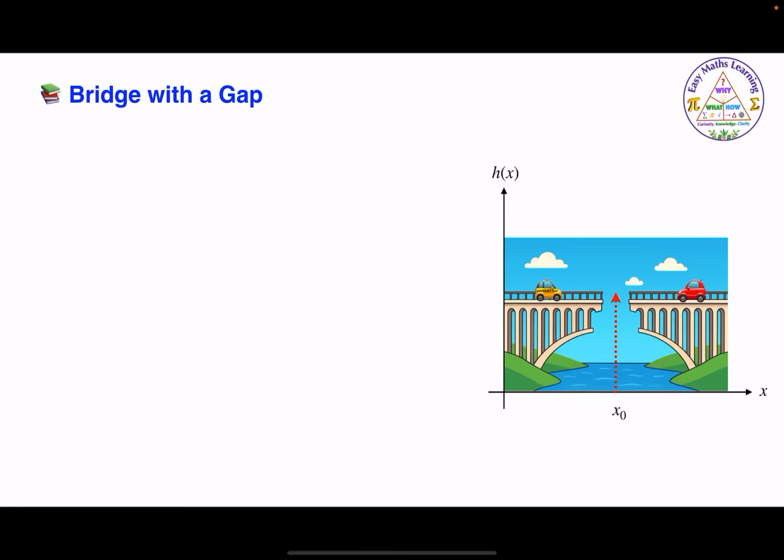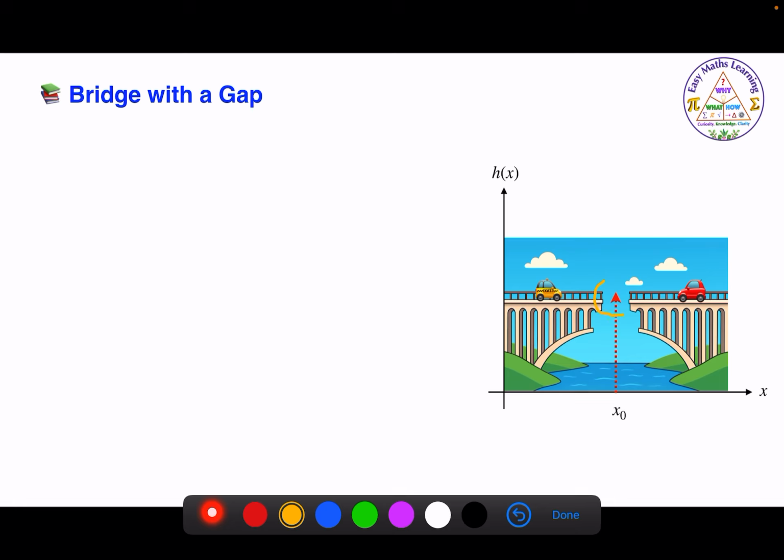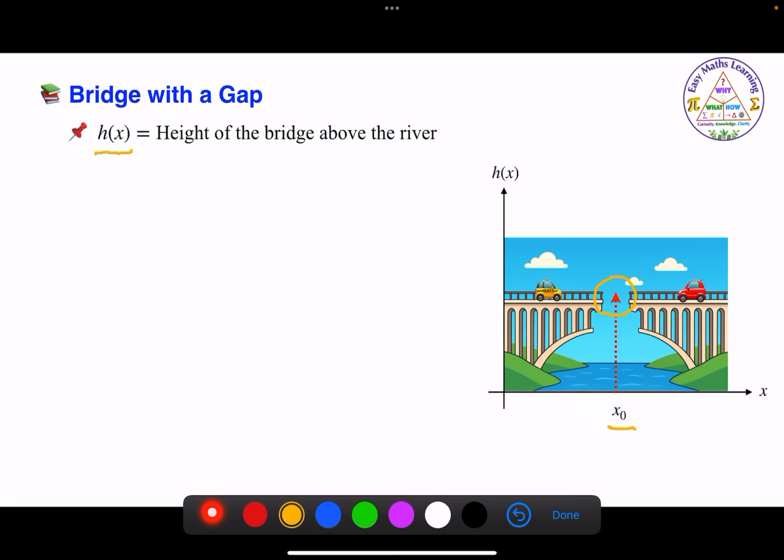Second example is bridge with a gap. Now think of a bridge with a small gap or hole at some point x naught. If h(x) denotes the height of the bridge above the river, clearly height of the bridge at this point, at the gap, is not defined here.